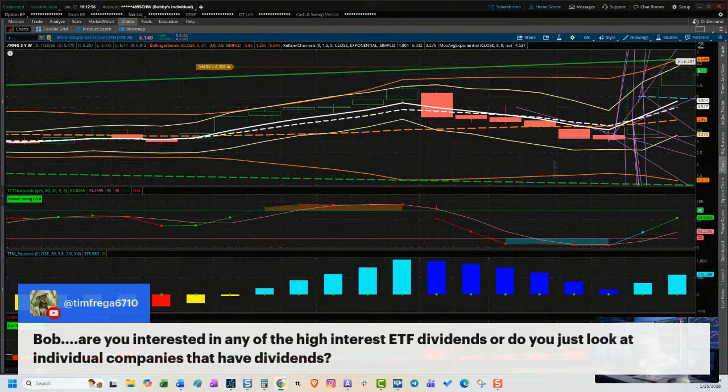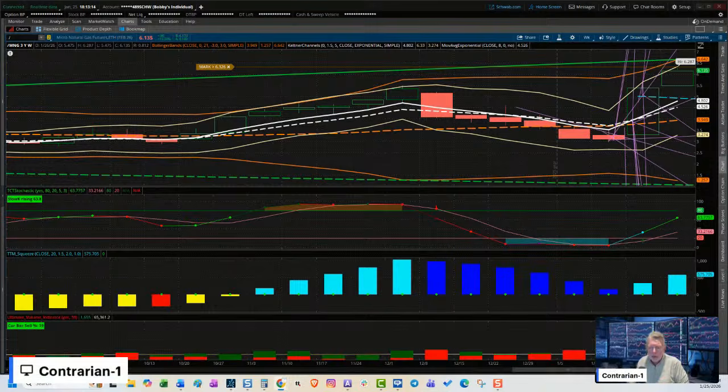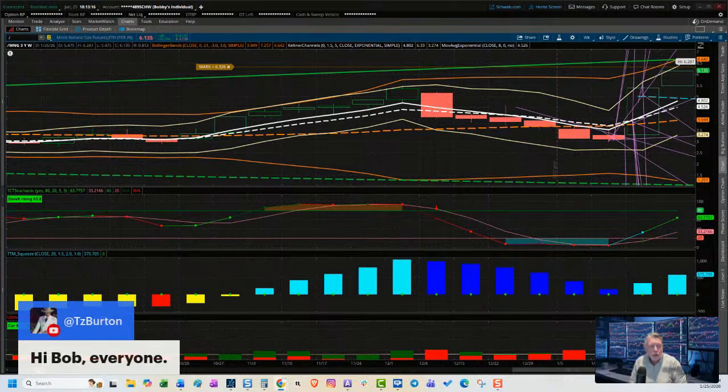We're buying cheap. If we get it cheaper, good. And when it starts to move up, we get paid that big fat dividend plus the net asset appreciation as well. So that's the strategy with the 7% dividend club that we use. We're going to be looking to add to it this coming week. Good question. TZ Burton, welcome.